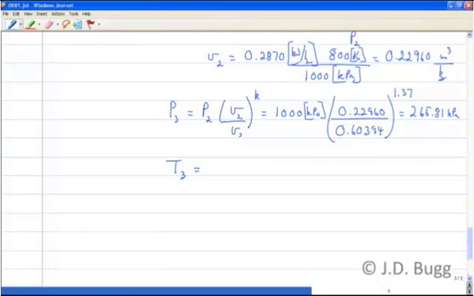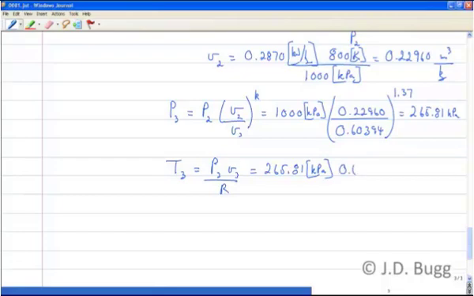Now we can get T3. So we're just applying polytropic process and ideal gas law. So T3, P3, V3 over R. Pressure, 265.81 kPa, which we just found.